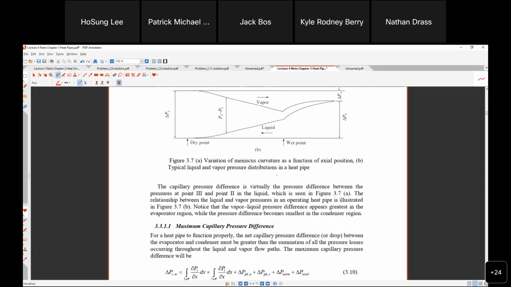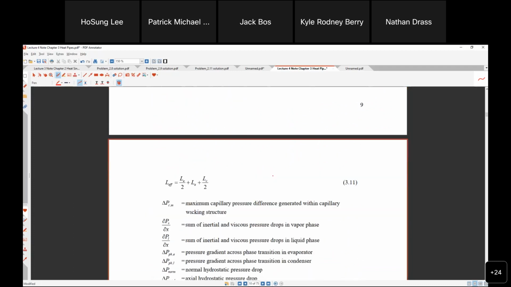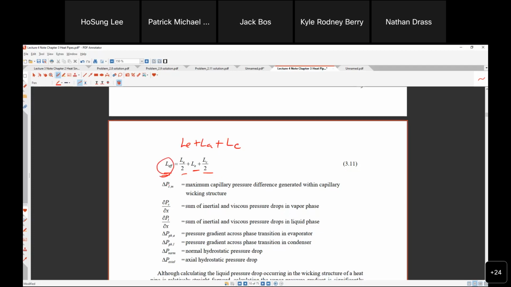Okay, so we define the effective length as the adiabatic section plus half the evaporator and half the condenser, because not all of LE, LA, LC is effective; somehow at the end there's not really a heat pipe effect. So we use the effective length.